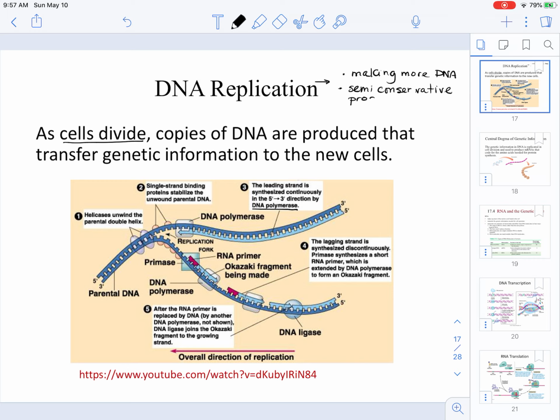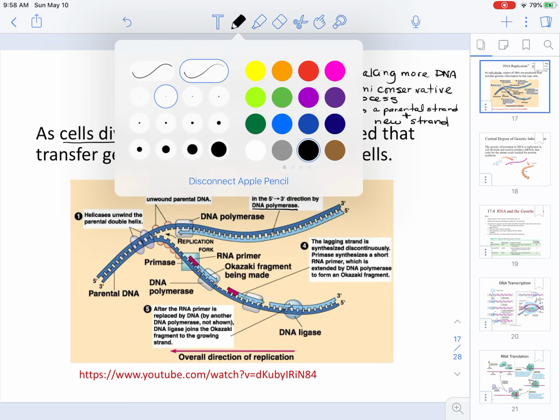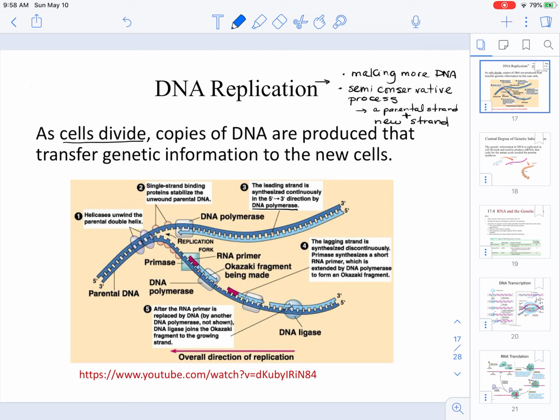process. So what this means in a semi-conservative process is that when DNA is made or replicated, a parental strand will be base pairing with a new strand of DNA. Okay, so if I do this by drawing, let's say that our parental strand, meaning the DNA that is going to be replicated, is these two strands.